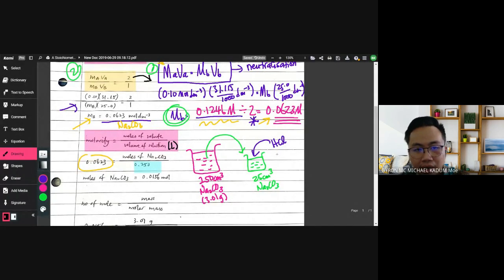Berapa banyak? 31.15 cm cubic dengan kepekatan 0.10 molar. So, melalui proses yang ini nih, yang hijau dengan yang biru ni, kita dapatlah dia punya mol. Okey, kita dapat dia punya molarity di sini. Kita dapat molarity di yang sini.